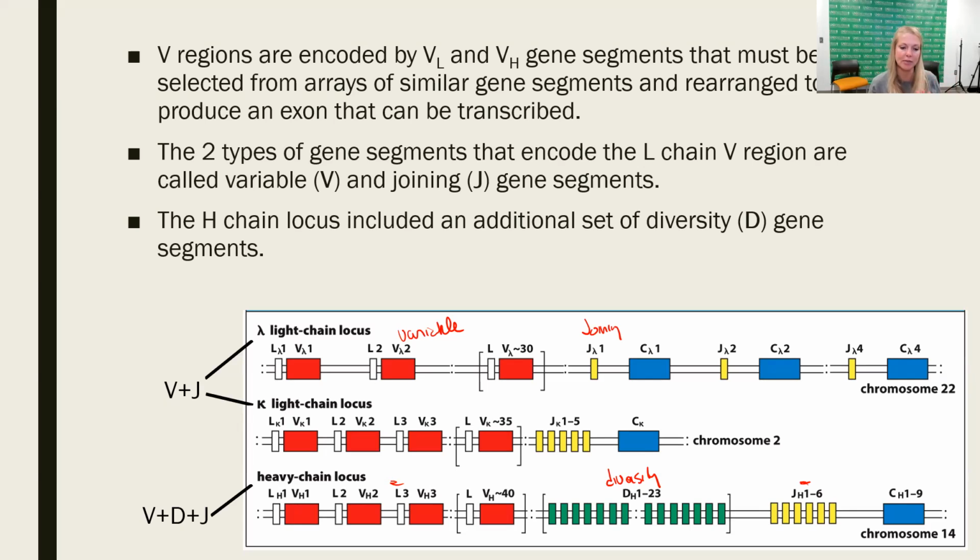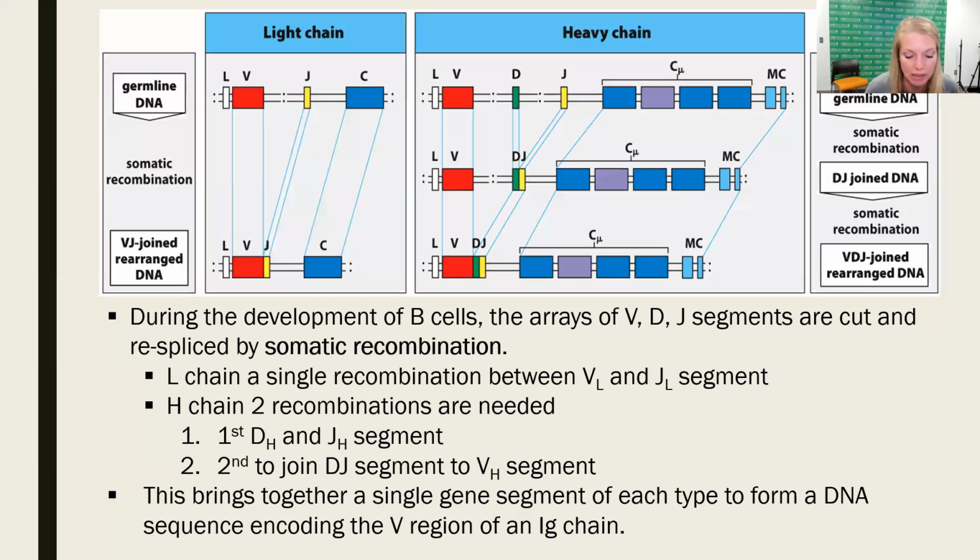And I love these next images. I think they do a really nice job of explaining. And again, keep your DJ analogy in the back of your mind and think of these as pieces of songs. So when a B cell goes through development, and we're going to look at that in a later chapter, it's going to be spending a lot of its early time doing this genetic rearrangement.